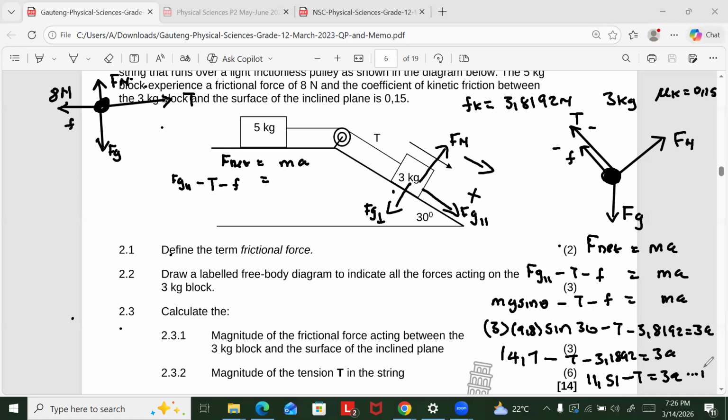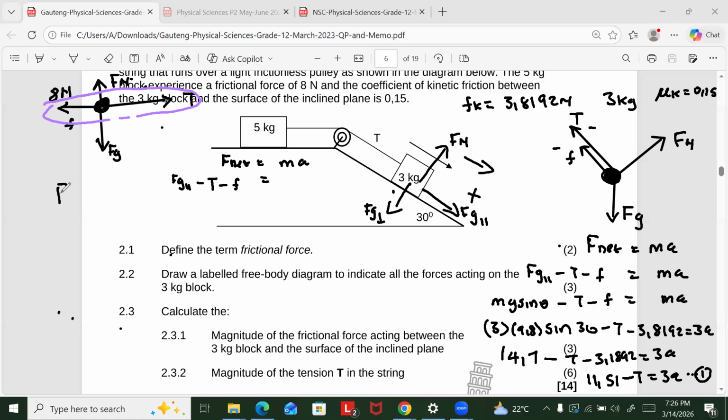So we say this is equation number 1. Then we come to the 5 kg block. Here our focus is on the forces which are horizontal, or parallel to the surface.